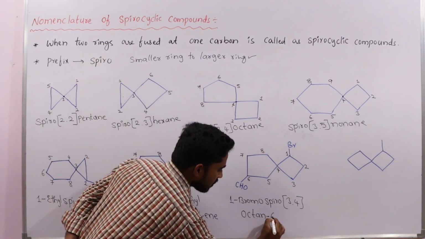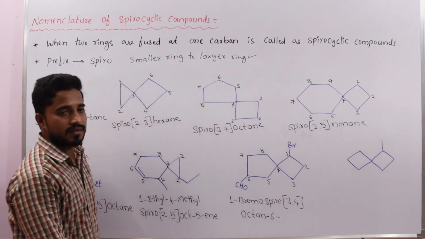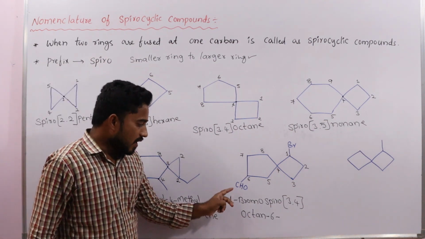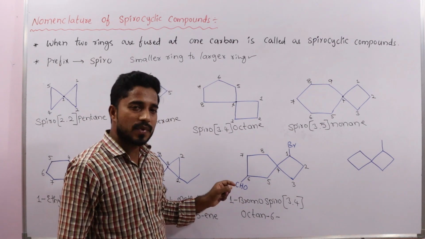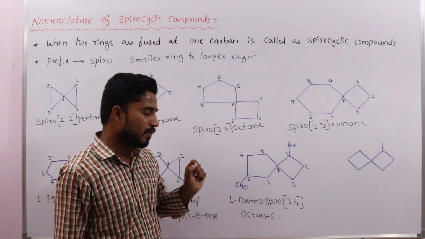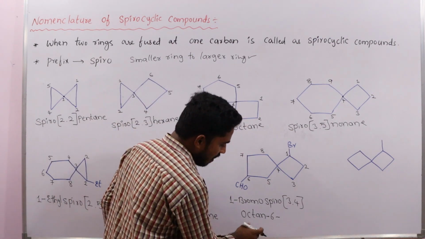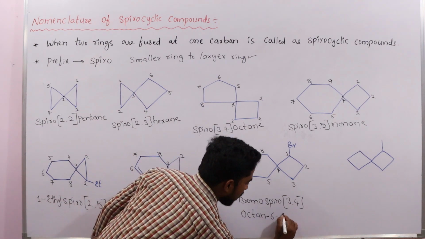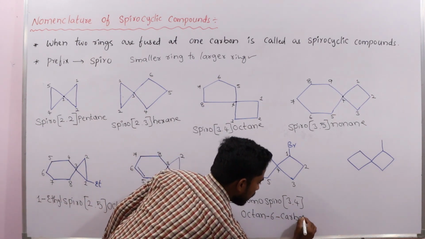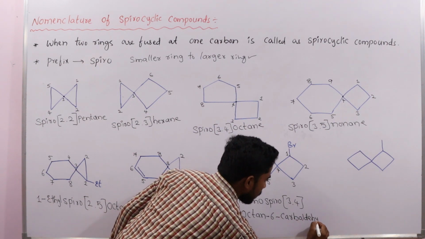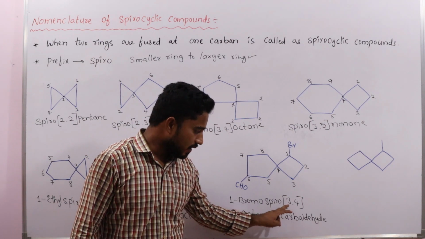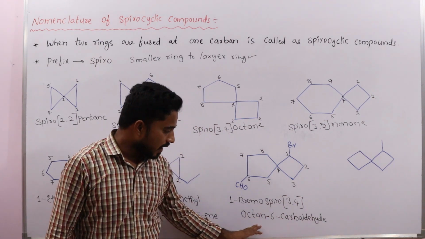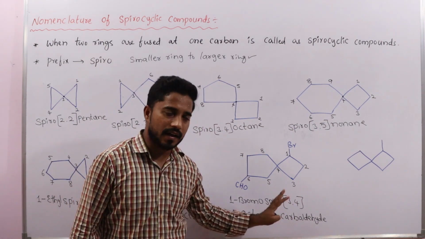At 6th position, aldehyde functional group is there. So when the functional group carbon is not included in the ring, then we have to use a special suffix, that is carbaldehyde for the aldehyde functional group. That's why octane 6 carbaldehyde. Okay, 1 bromo, spiro 3.4 octane 6 carbaldehyde.